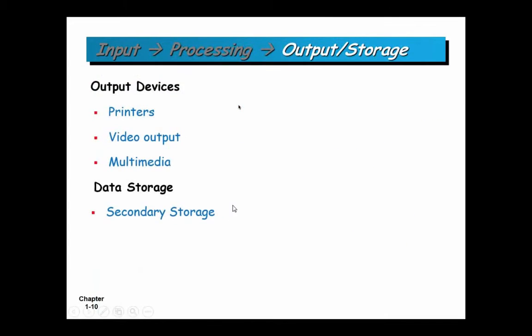Output devices. The text really differentiates output from input devices. In today's world, they kind of come together to some degree. Output devices are also input devices, but a printer is clearly an output device. And I think the text still talks about dot matrix printers.